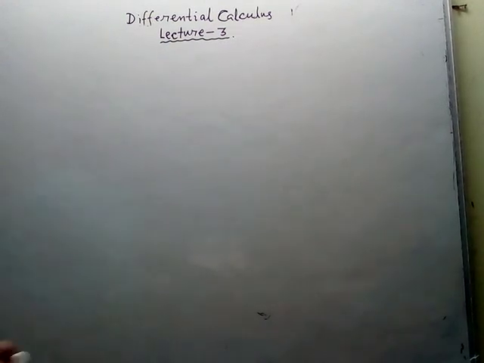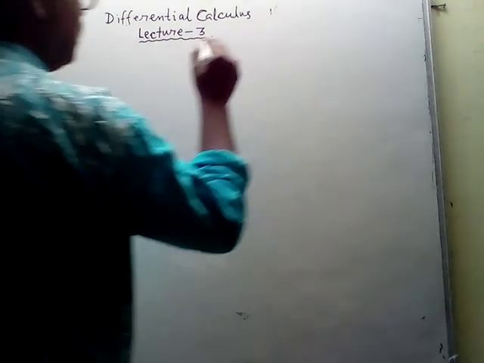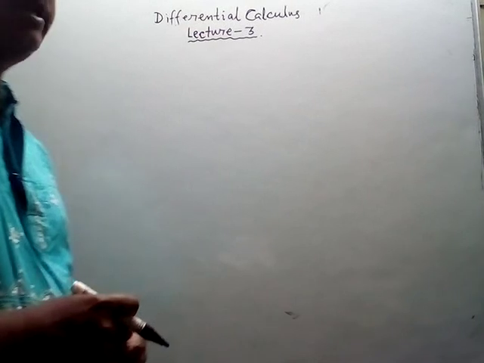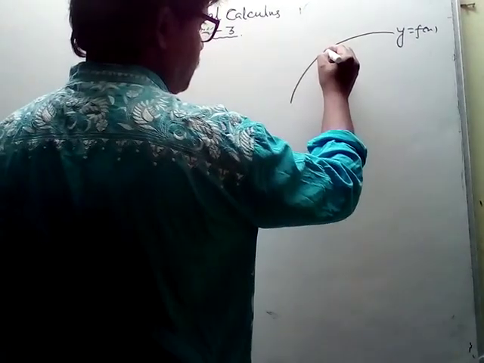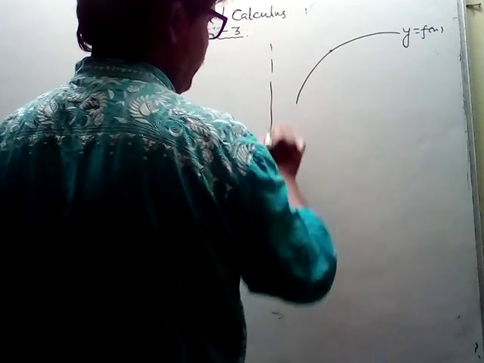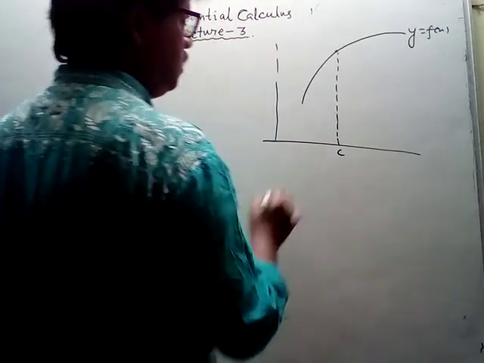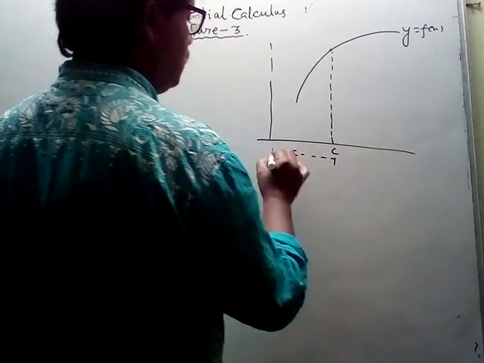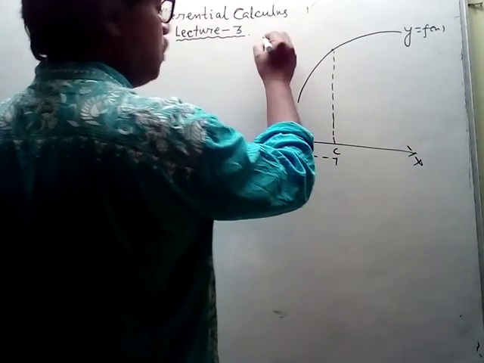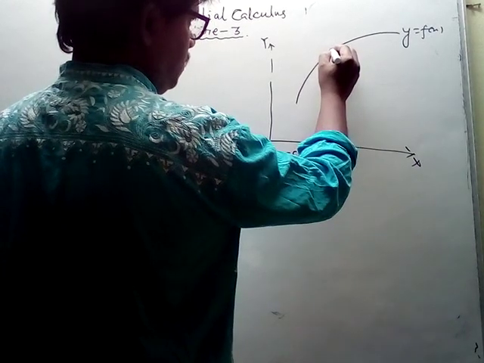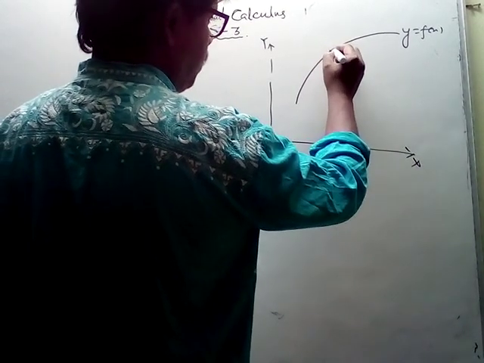We have said in lecture 1 that the derivative at a point represents the slope of the tangent at that point. If this is a curve denoting the function y equal to f(x), then the derivative at this point, small c, denotes the slope of the tangent at this point.